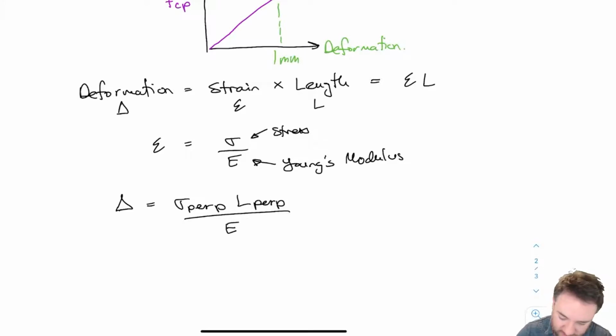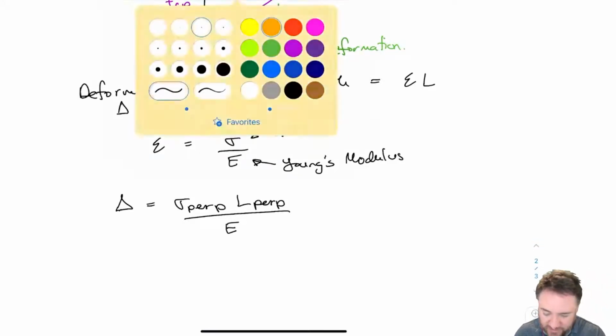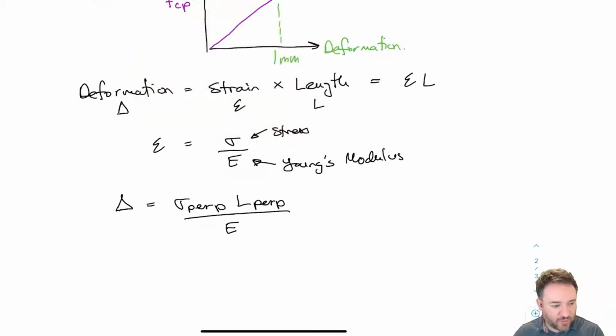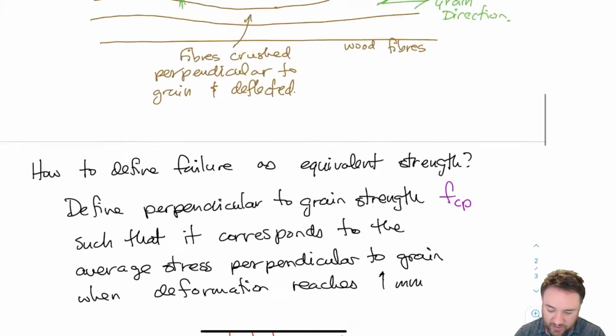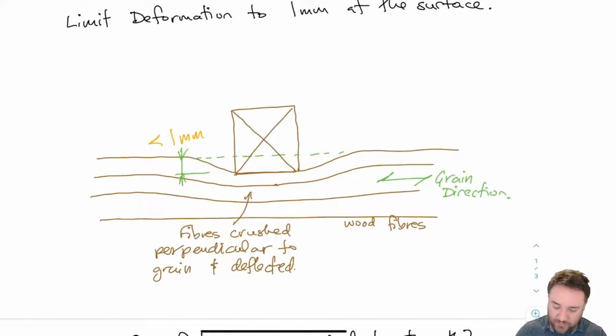So what's this L that we're talking about? The L here is the length over which that deformation occurs. So that can change, right? So if I come back to here, my L is some percentage of the total depth of the member, right? It's not going to be the total depth of the member, nor is it actually going to be linear. It's not like this part L is exactly deforming and then this part is not.